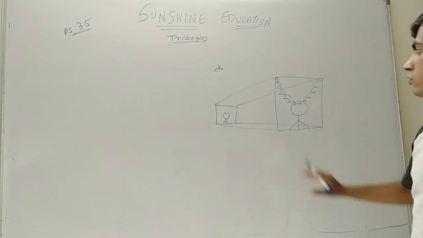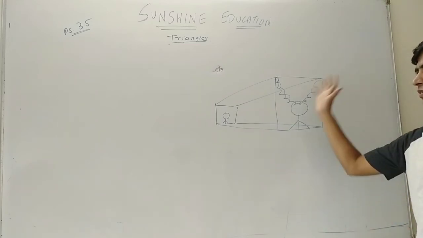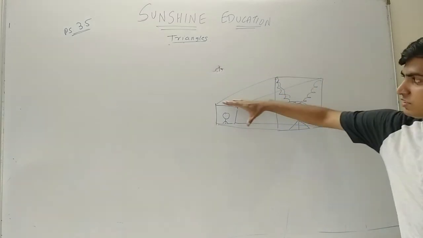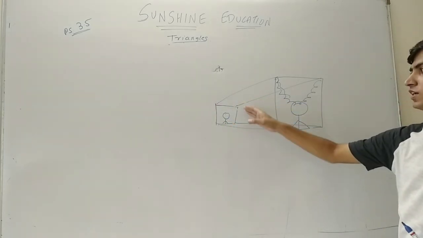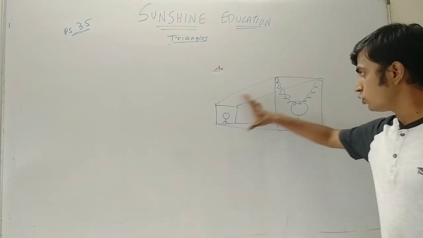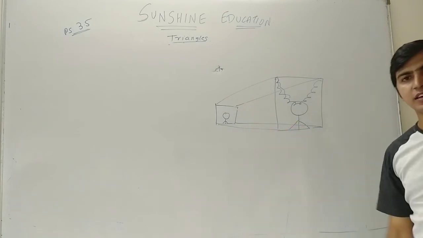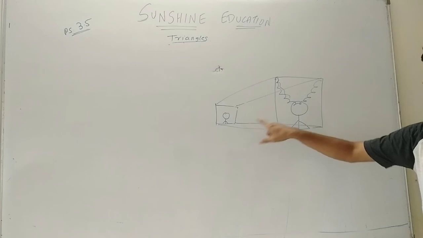This photo is enlarged in some ratio, it's multiplied by something. So all sides are enlarged equally. Means if this side is multiplied by 500, this side is also multiplied by 500, and so is this one. So I can say that two images or two triangles or two quadrilaterals can be similar, they can look alike, but it does not mean that they are congruent.